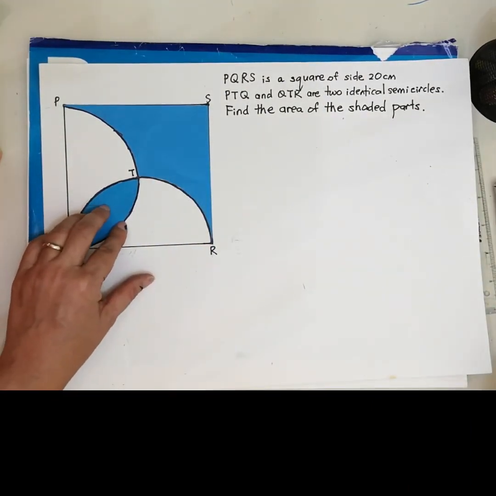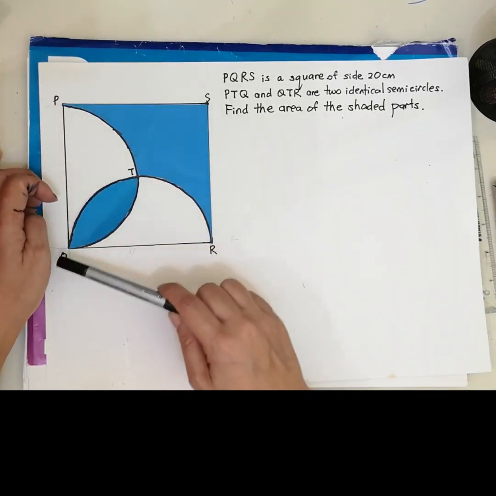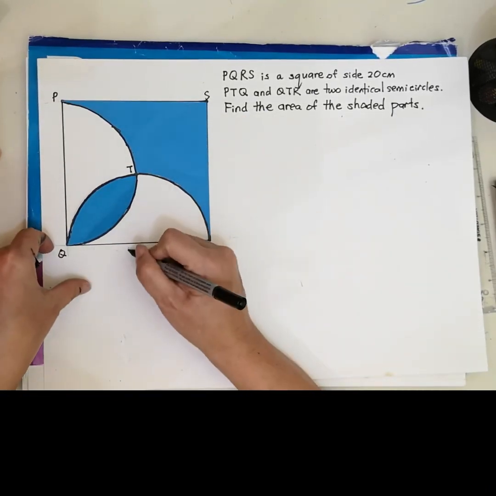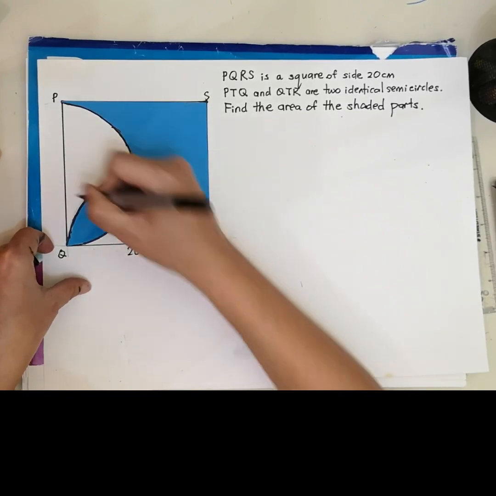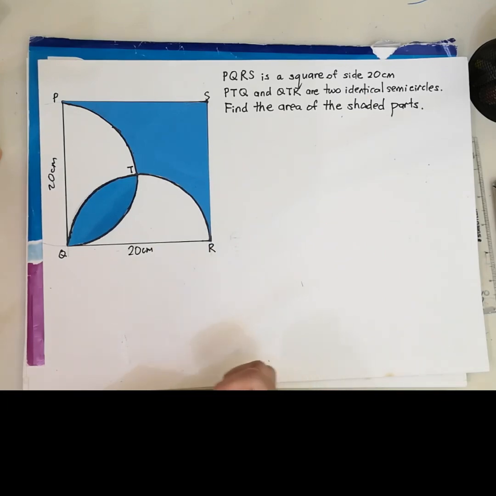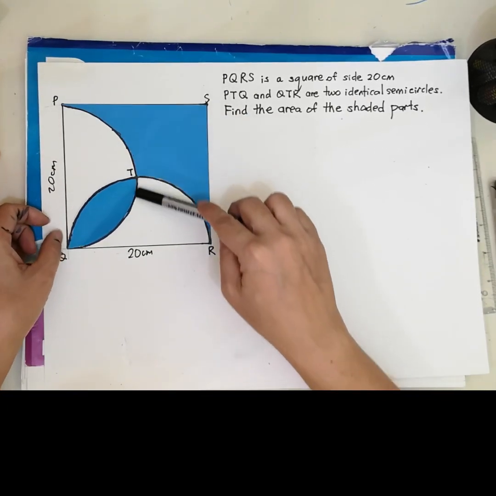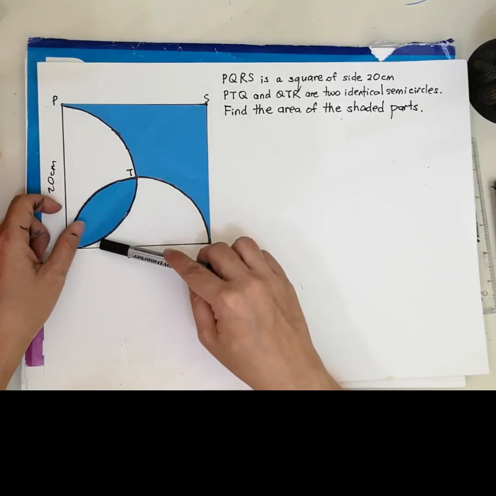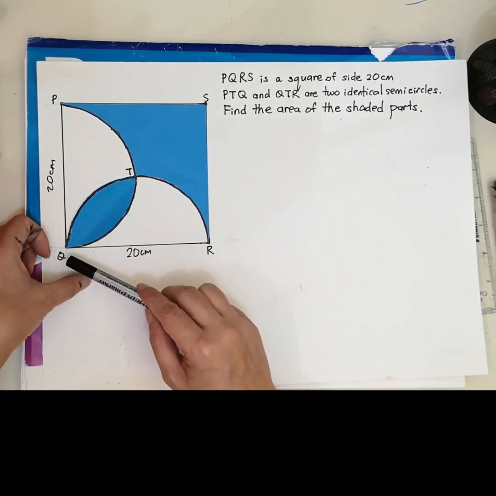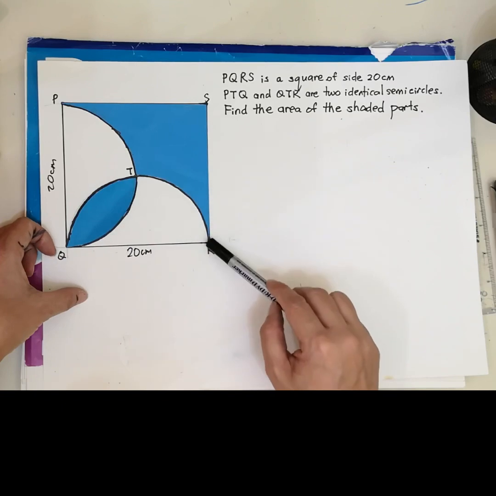Okay, in this question, PQRS is a square of side 20 centimeters. Then we have PTQ here, which is a semicircle, and then we have another identical semicircle, QTR.